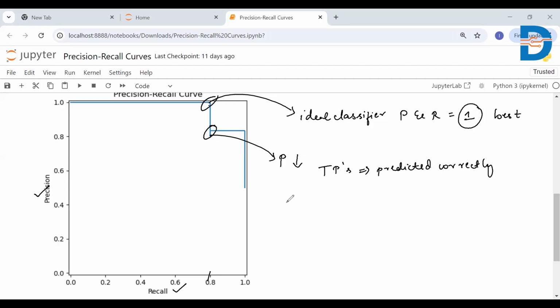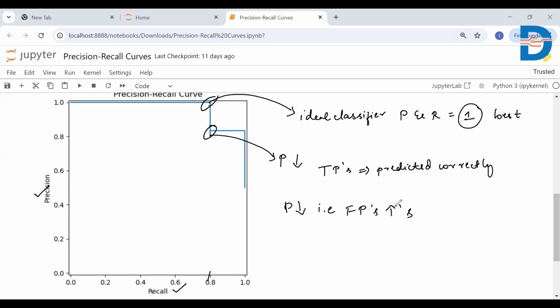The moment your precision drops, the model keeps on misclassifying the records; that is, your false positive rate keeps on increasing. That is what we need to make sure of.